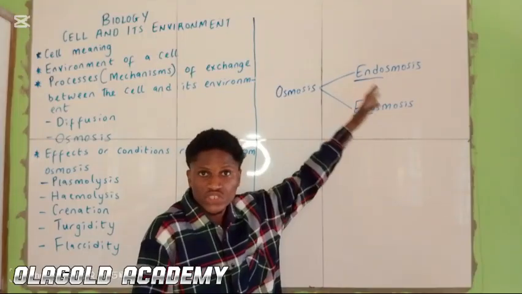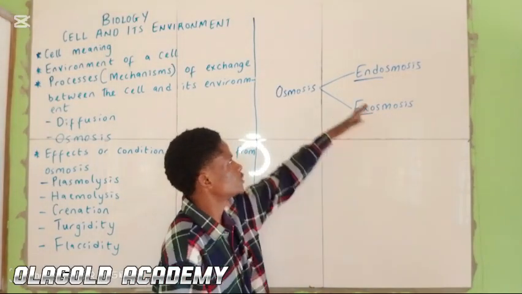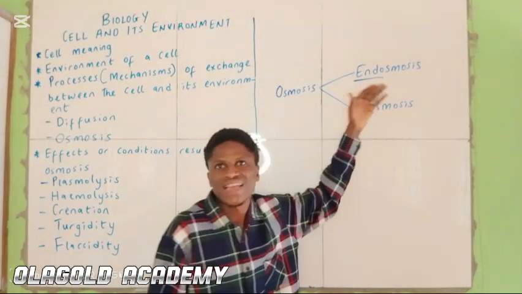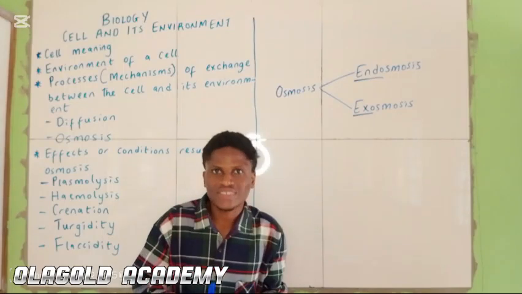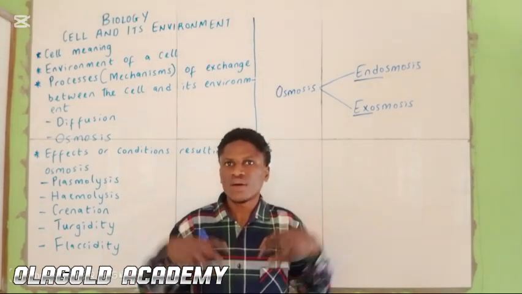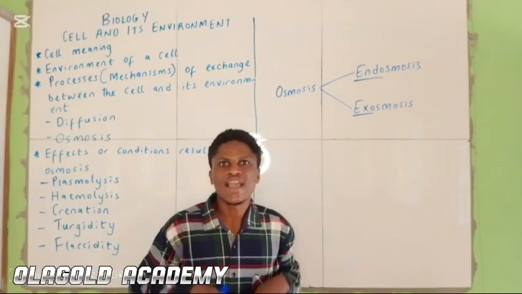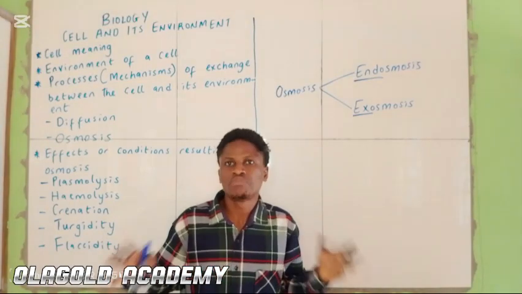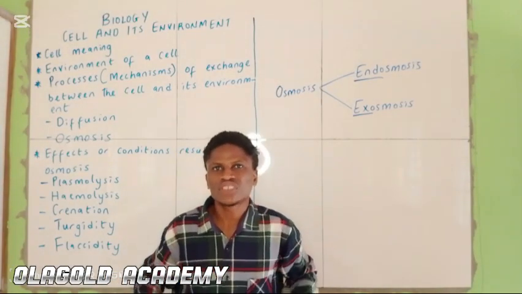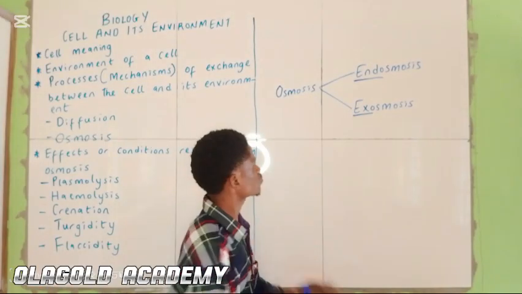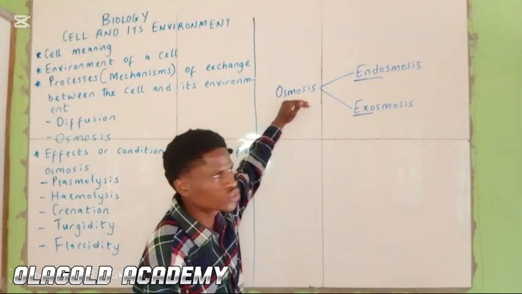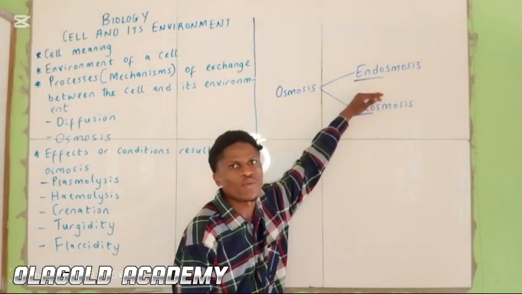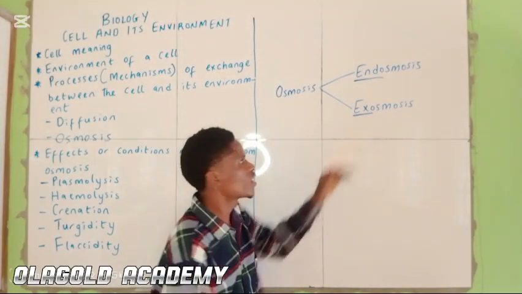Now, in chemistry, we have what we call the endothermic reaction, meaning a reaction that takes in heat from the surrounding. We have what we call exothermic reaction, meaning a reaction that gives out heat to the surrounding. All right. In terms of osmosis, we have endosmosis and we have exosmosis.